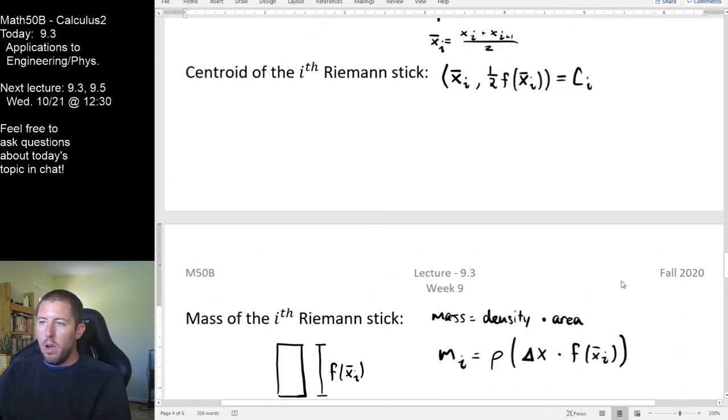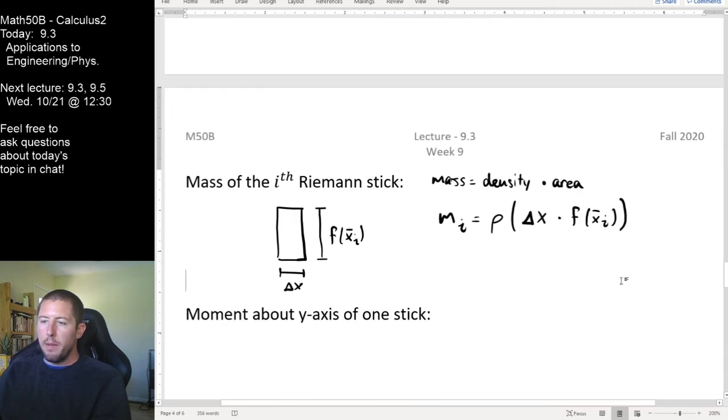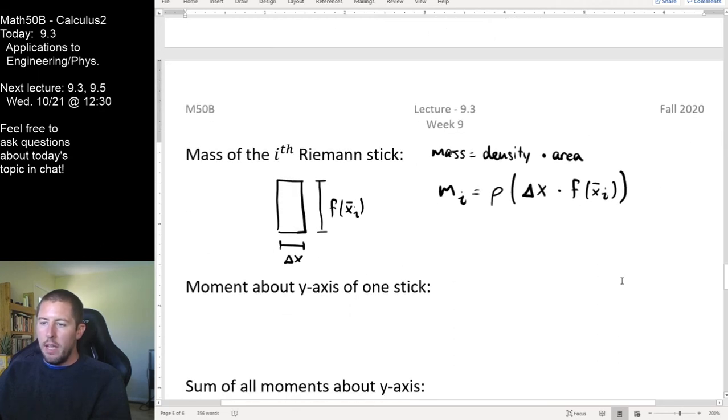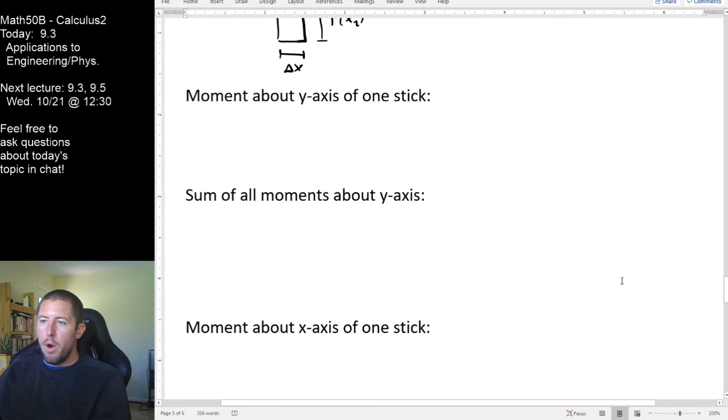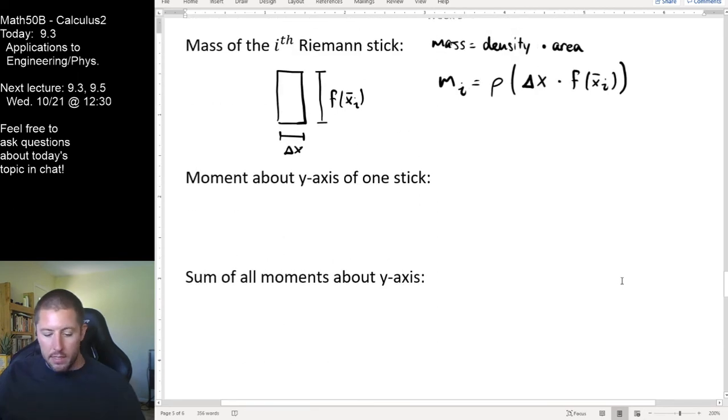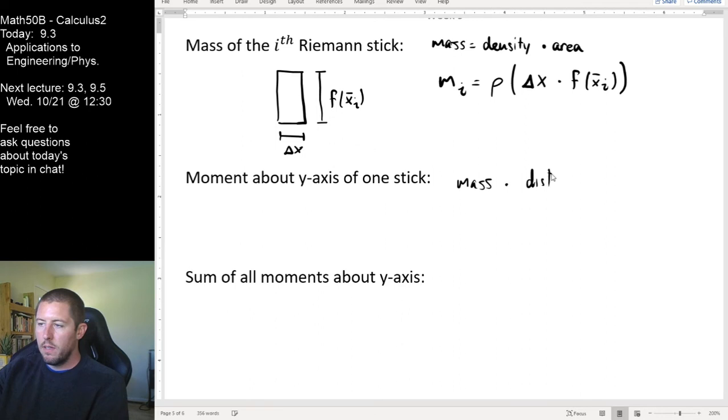And so now that we know the location, we've got the mass of the ith Riemann stick, and so now we can talk about the moment about the y-axis of one Riemann stick. The moment about the y-axis is always the mass times the distance from y. In this case, our mass is rho times delta x times f of x bar sub i.